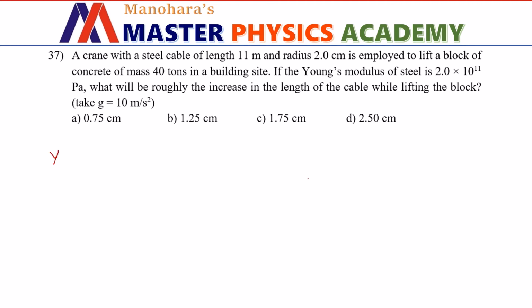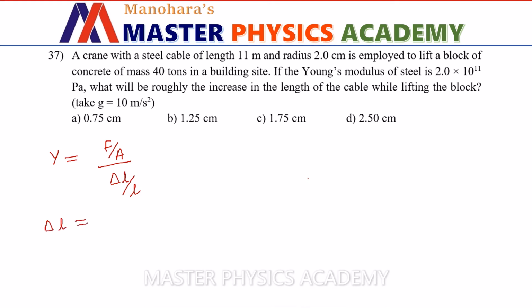The Young's modulus of the material of the wire is given by longitudinal stress divided by longitudinal strain. Rewriting the formula for change in length, which is delta L, we have delta L equals force acting on the wire into original length of the wire divided by area of cross section of the wire multiplied with Young's modulus.